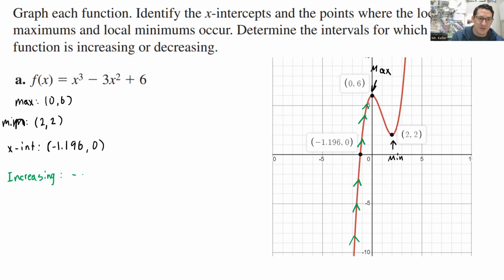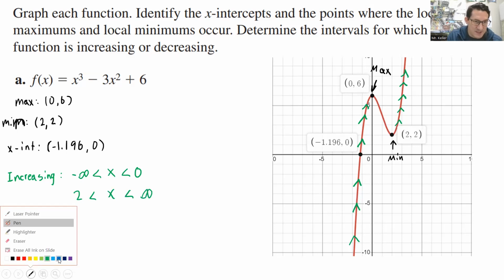I think it helps if we see that it is increasing from negative infinity to 0. Then it's also increasing on this part here, so it has two increasing intervals. It's going from 2 to positive infinity.